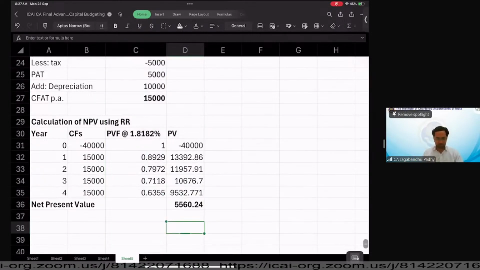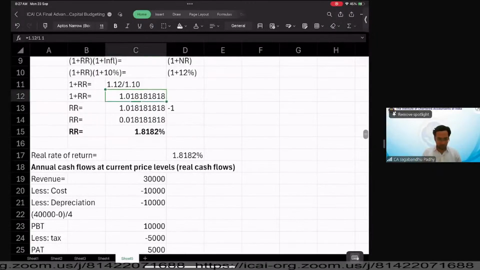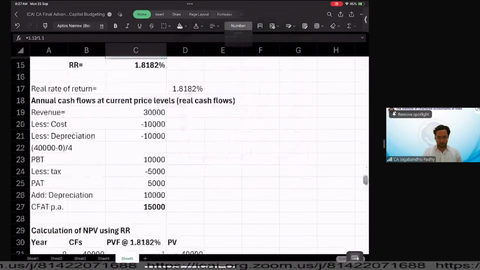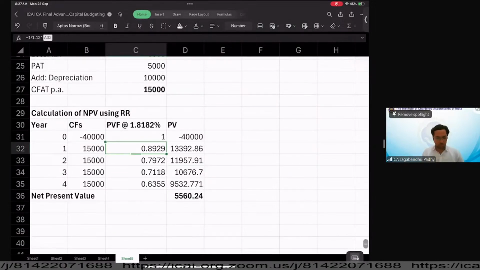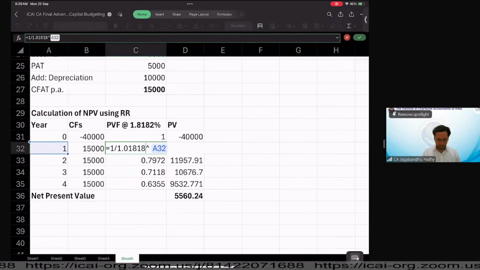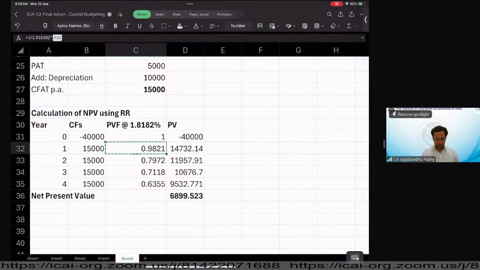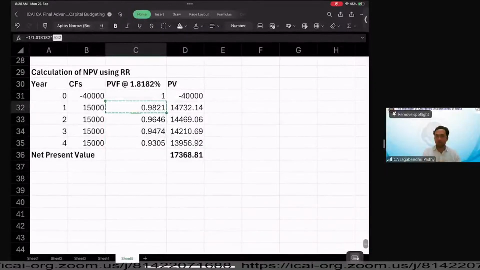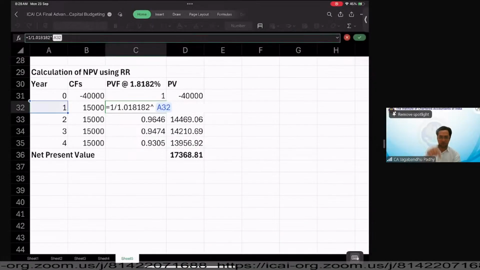Okay. So now these discounting factors, you can just compute in your calculator also. Right? So discounting factor, you can get it in the calculator by simply doing 1 divided by 1.018182.